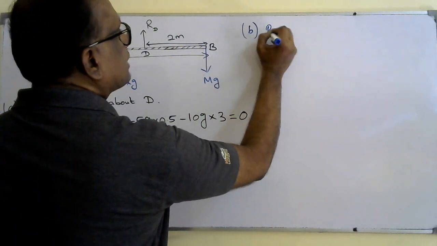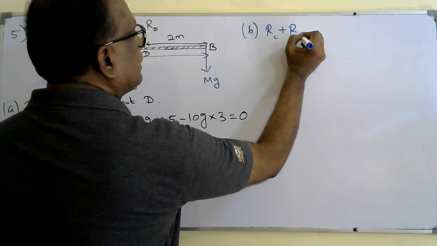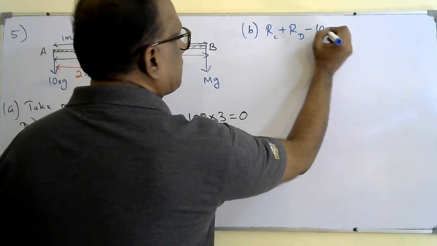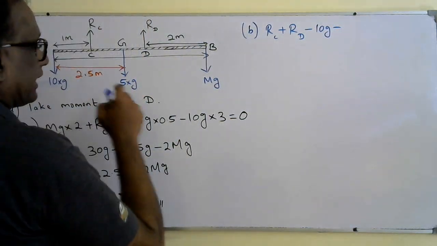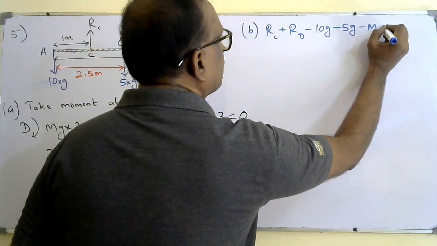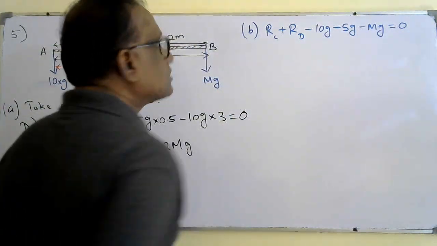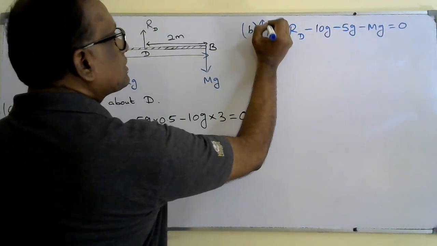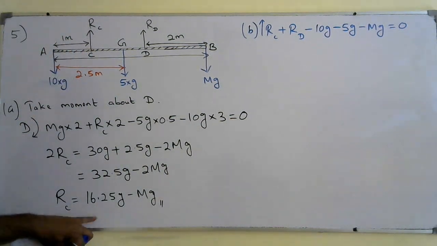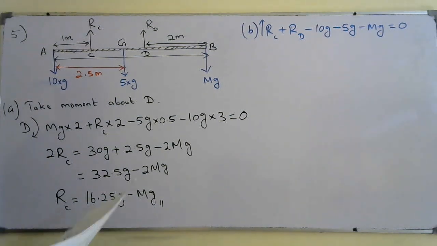So that is RC plus RD minus 10G minus 5G minus mg equals 0. The resultant force in the vertical direction must be equal to 0. But instead of RC, I can put 16.25G minus mg if I substitute.